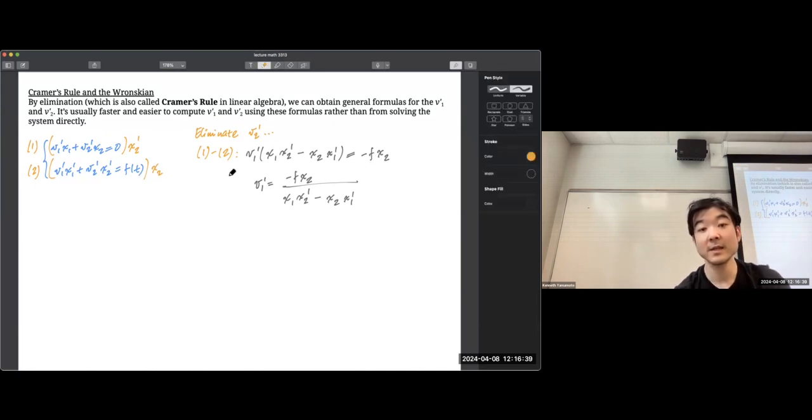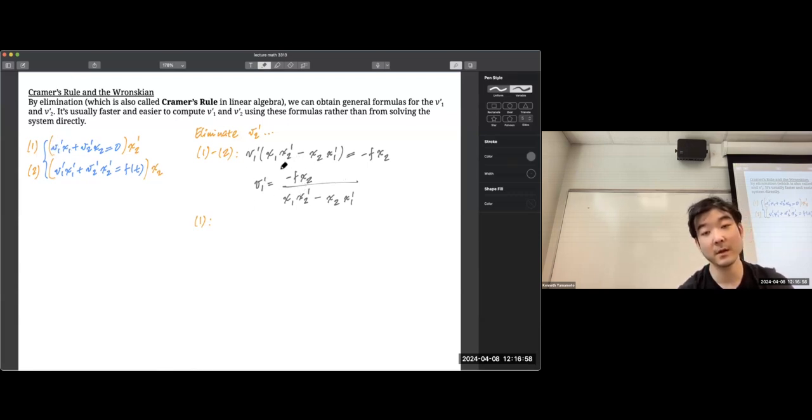So what I'm going to do is revisit the first equation. It doesn't matter which one you use, but if you use the first equation, you can look at substituting this v1 prime into this v1 here.